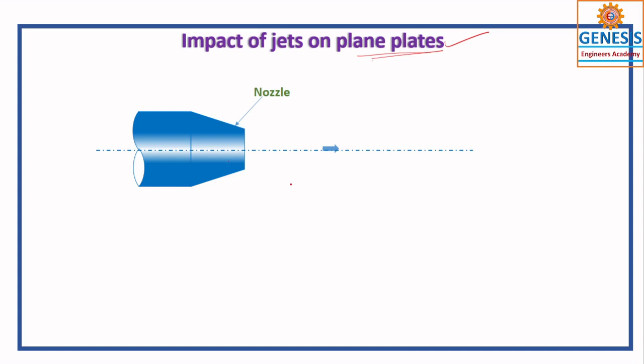So the jet coming out of the nozzle will have a higher velocity. Suppose the velocity before is V1 and the velocity with which the jet comes out is V2, then V2 is greater than V1. This is the basic principle. I am explaining step by step, so take it to heart.